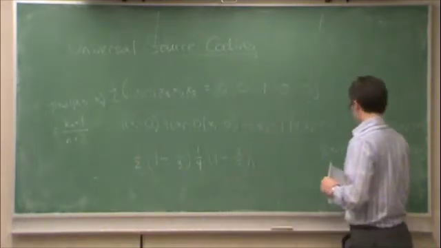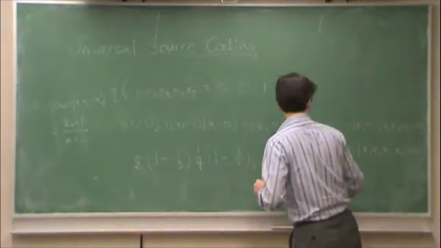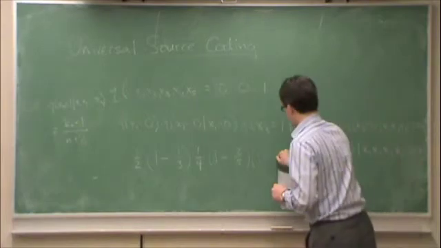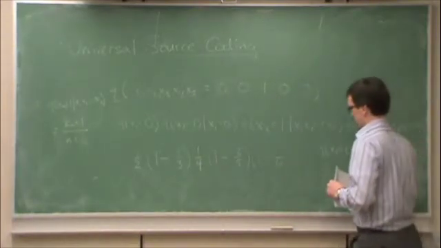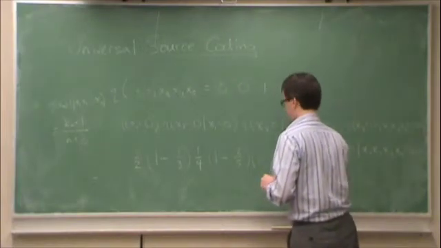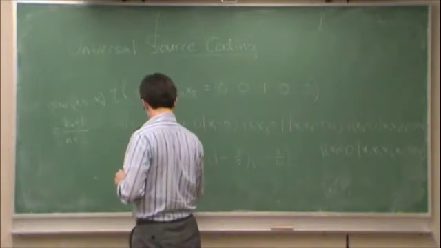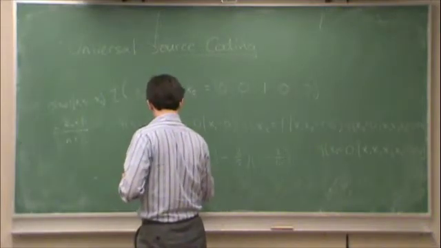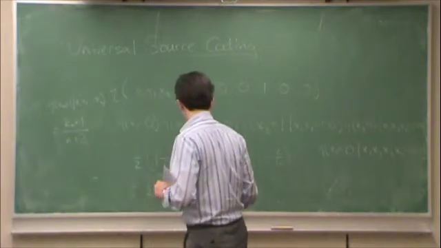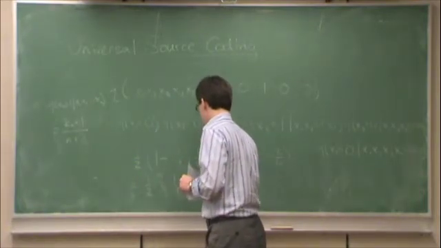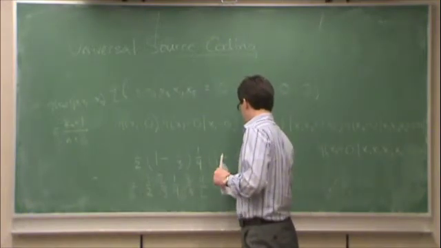And x5 is 0, so I have to do 1 minus. n is 4, the denominator is 6, and the numerator is k4, which is 1 plus 1 is 2. So this ends up being 1/2 times 2/3 times 1/4 times 3/5 times 4 over 6, which is exactly the sequence I had before. 1 over 30.